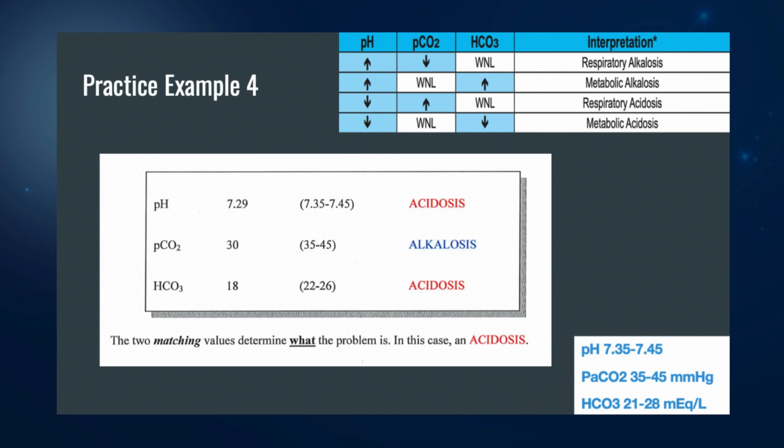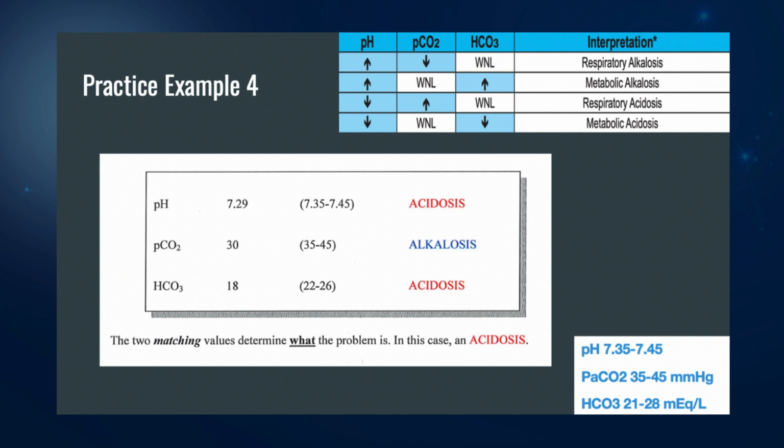Before I go to the next slide, let me do an overall quick summary of this question. The pH is low, and you don't have to use the chart, but you can use it for a second and then switch to the new method. We know it is either respiratory acidosis or metabolic acidosis, but it's going to be acidosis.